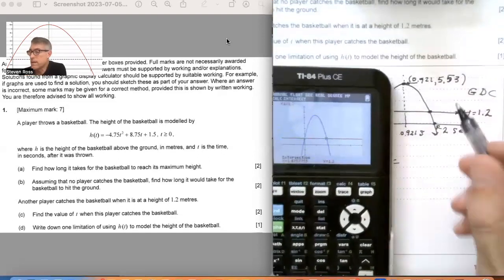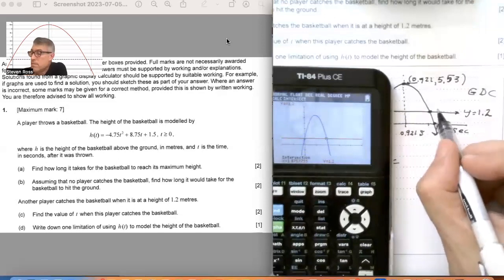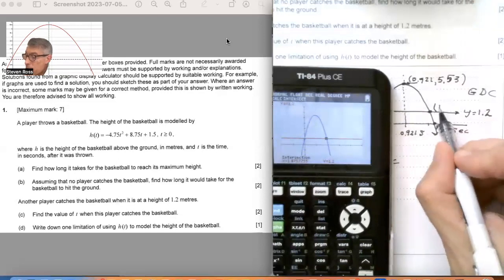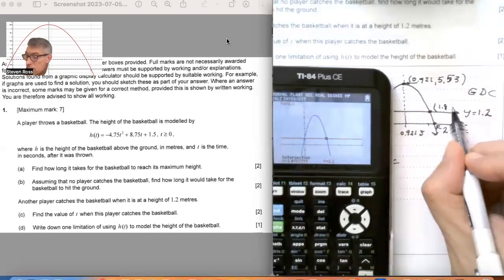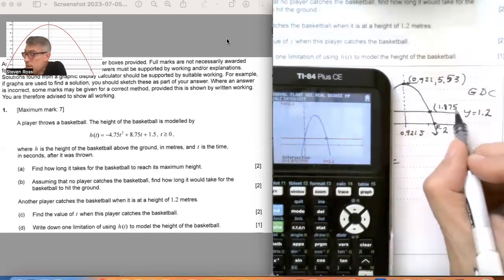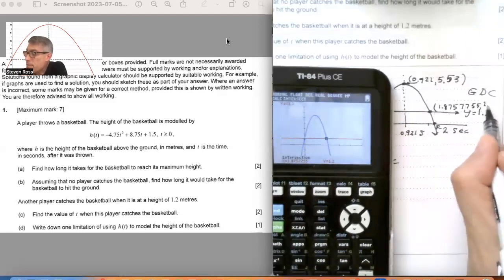And so I get a value here, and the value is 1.875777755, and the height, of course, is a 1.2.